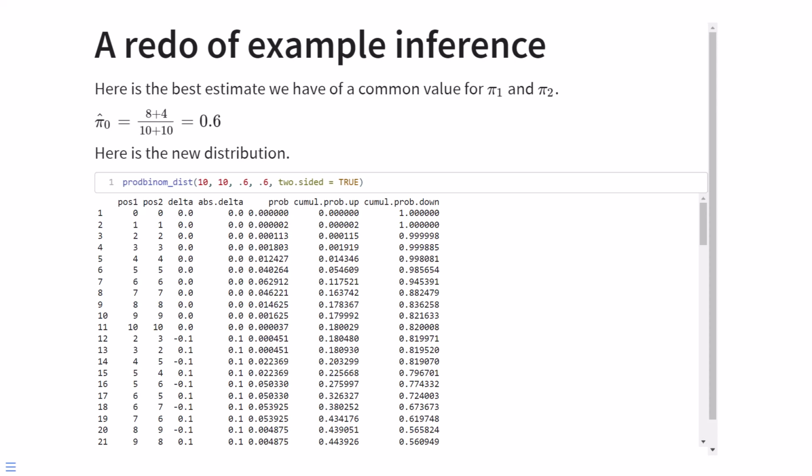That gives us 12 over 20 or 0.6. So now instead of doing this distribution based upon 0.5, 0.5, I'm going to calculate it based on 0.6, 0.6. This does not guarantee that I will hold the type 1 error rate under 0.05, but it should give me values that are pretty close to the exact values.